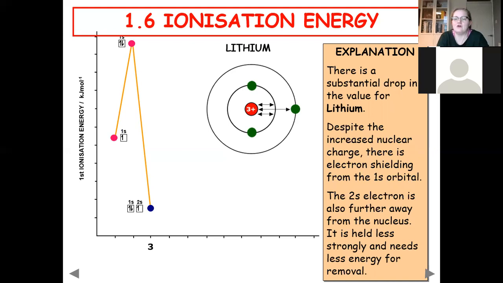The 2s electron is also further away from the nucleus, so it's held less strongly and needs less energy for removal. So we've got shielding and atomic radius in place. Even though our nuclear charge is higher, our atomic radius and electron shielding have a bigger effect. So lithium has a lot lower first ionization energy than either of the previous two.